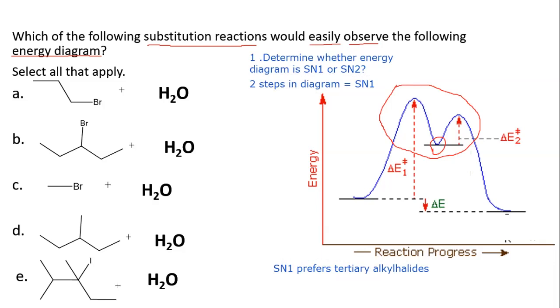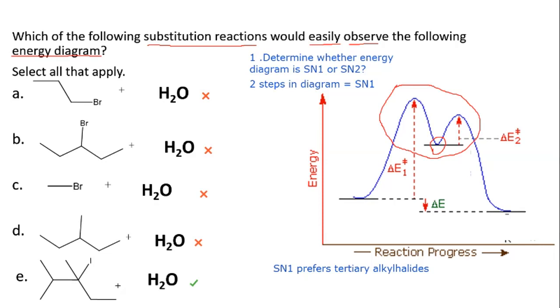Is A a tertiary alkyl halide? A is not. A is a primary alkyl halide. Is B a tertiary alkyl halide? No, it is not. Is C a tertiary alkyl halide? No, it's a methyl alkyl halide. D, there's no halide on it. E is the tertiary alkyl halide, so E would be the answer.